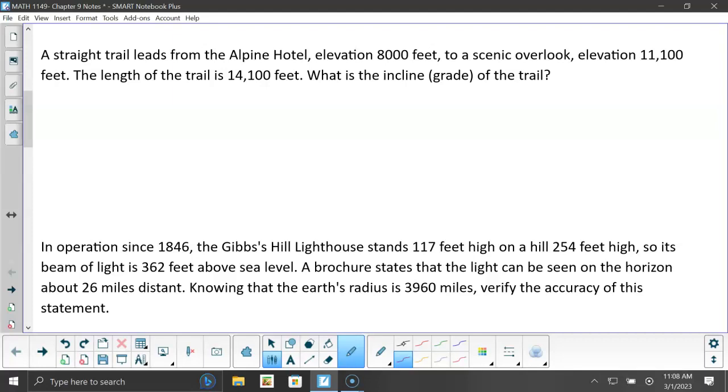All right, so you are out hiking. You're at this Alpine hotel, and you're going to take a trail from the hotel up to an overlook.